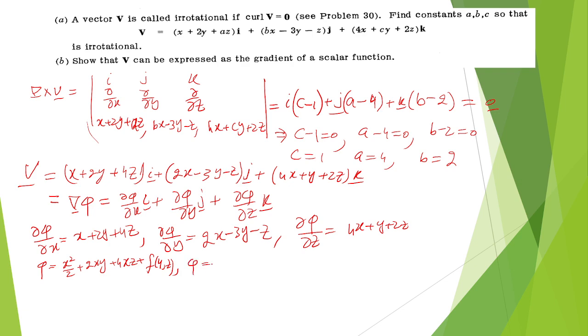So phi is equal to 2xy minus 3 by 2 y square minus yz and plus some function g of x and z.